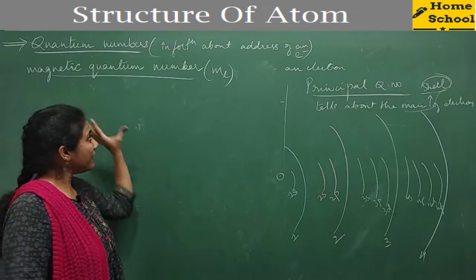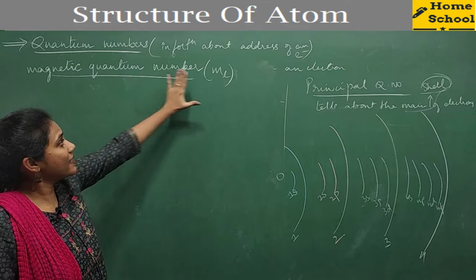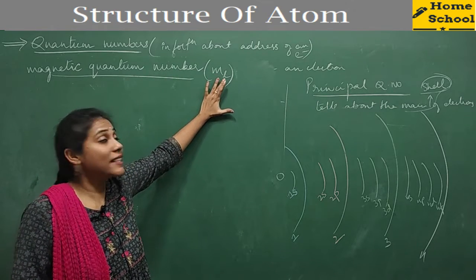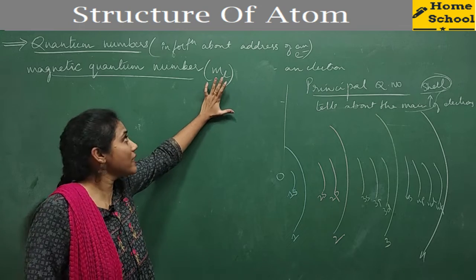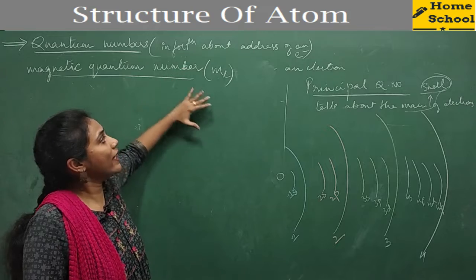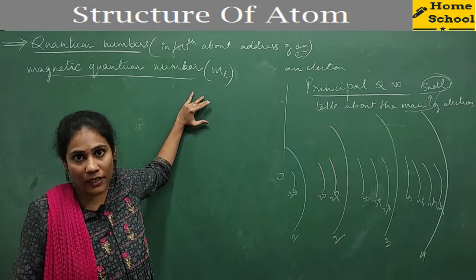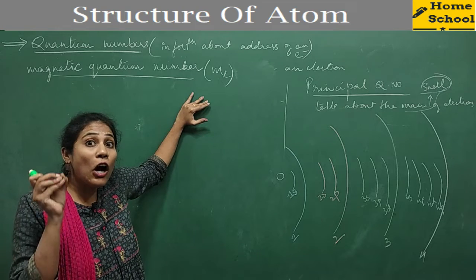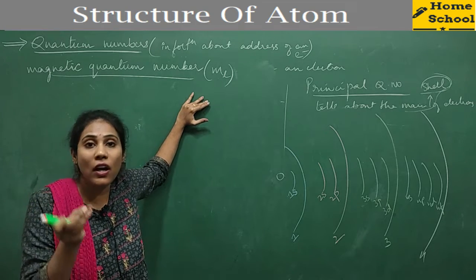Clear? Fine. Coming to the magnetic quantum number, it is represented by the symbol ml, small m subscript small l. This is the symbol of the magnetic quantum number. What does this quantum number tell about an electron? It tells about the orbital of an electron.